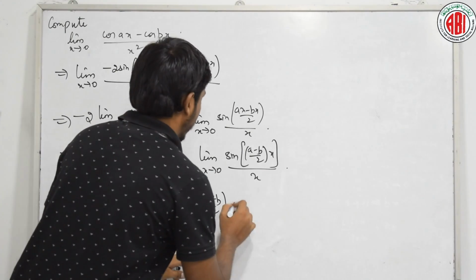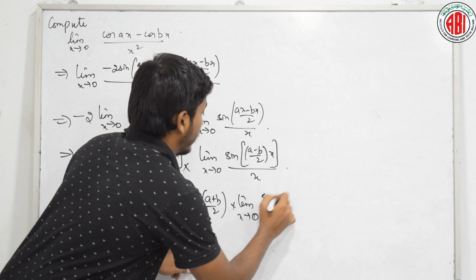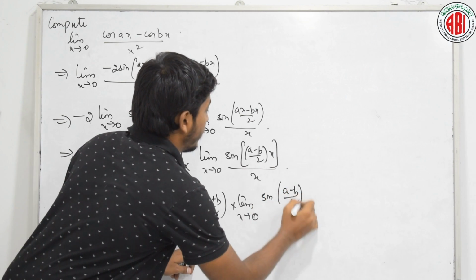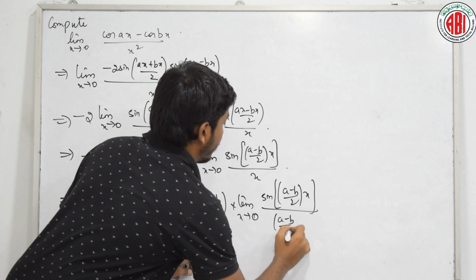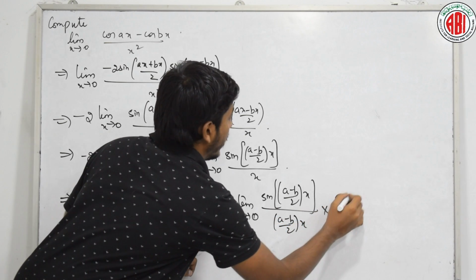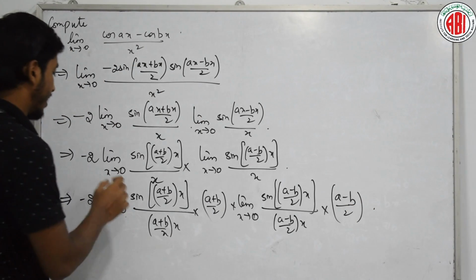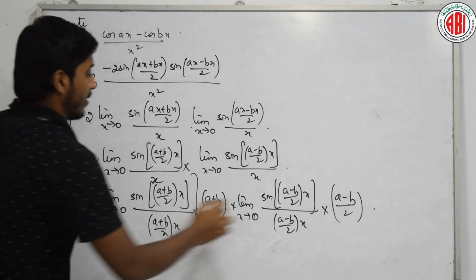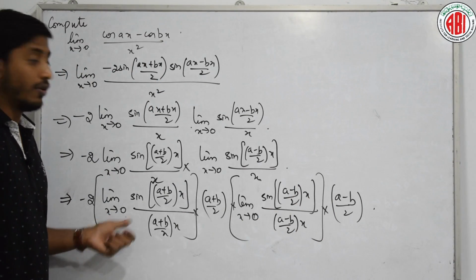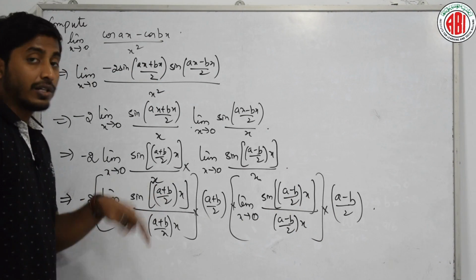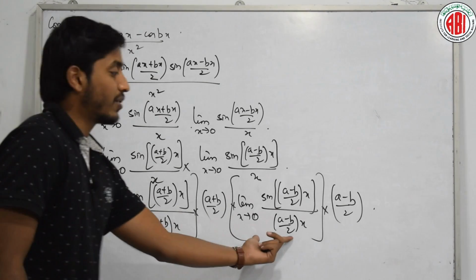And the next is limit x tends to 0 sin A minus B by 2 into x divided by A minus B by 2 into x, into A minus B by 2. Is it right? Now just tell me, what is the value of this and what is the value of this? As limit x tends to 0, A plus B by 2 into x also tends to 0, right? Therefore, this value becomes 1 and this also becomes 1.